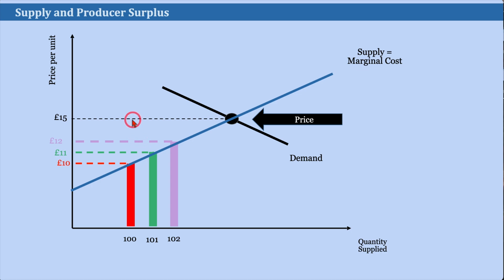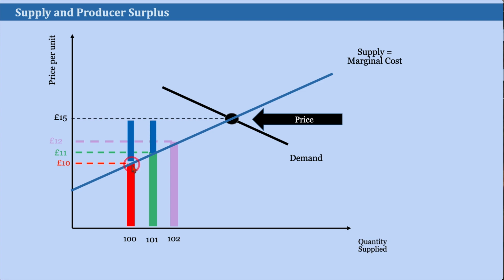Now, if the price is up here, and you can see I've put in the demand curve now, and so the price is here, then basically, as a producer, I'm getting what we call a surplus, which is the difference between the 15 and the 10 that I'm willing and able to supply it at. So that distance there is known as the producer surplus. So I'm receiving as a firm 15, and I was willing and able to produce it at 10.